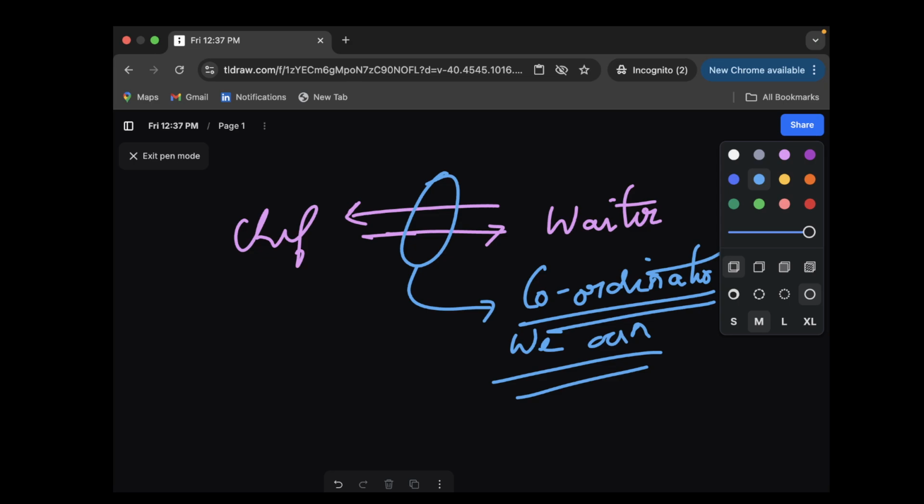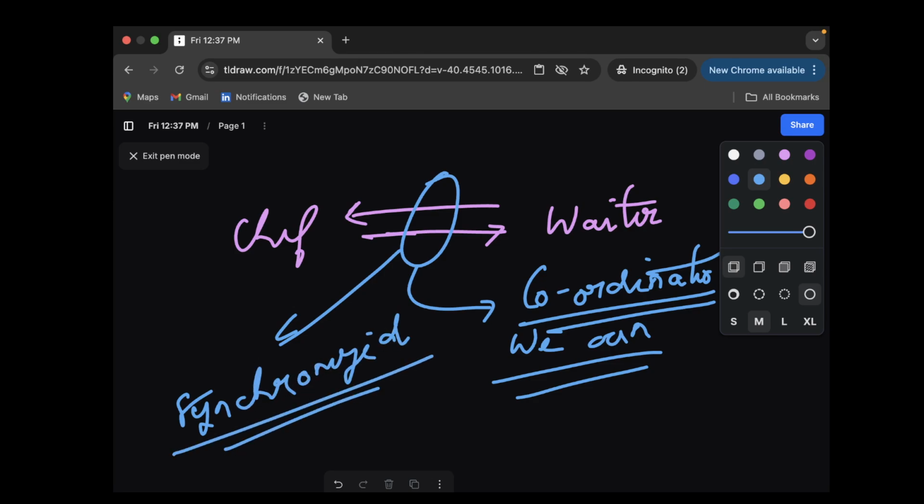So the issue is that they need to be synchronized. This two-way communication is what we call synchronization. Until and unless there is synchronization, we will not be able to achieve that.